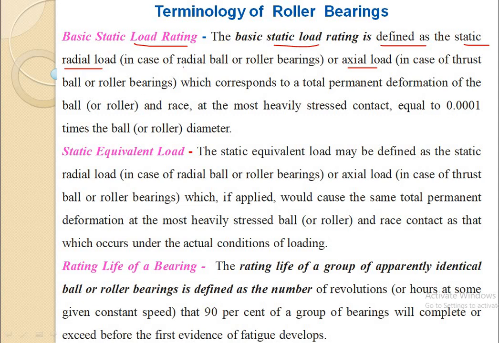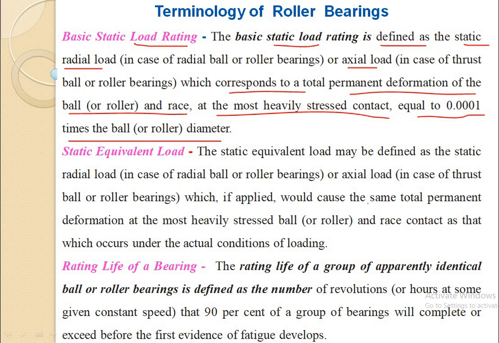If there is a radial ball or roller bearing, then there will be a radial load, and if there is a thrust ball or roller bearing, then there will be an axial load, which corresponds to an actual permanent deformation of the roller or ball and race at the most heavily stressed contact equal to 0.0001 times the ball diameter.